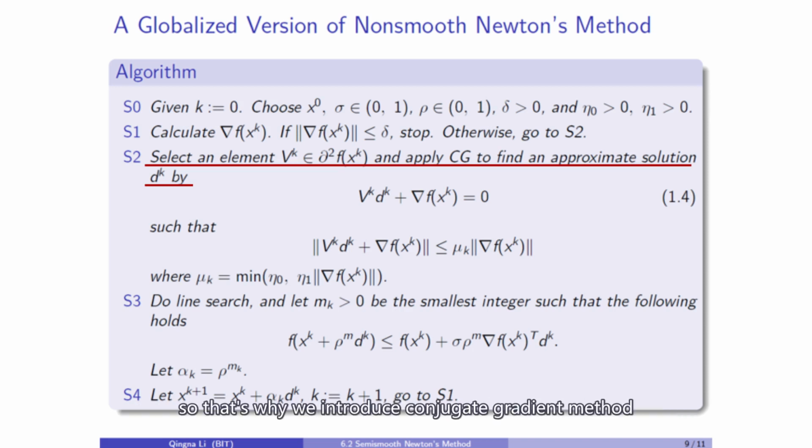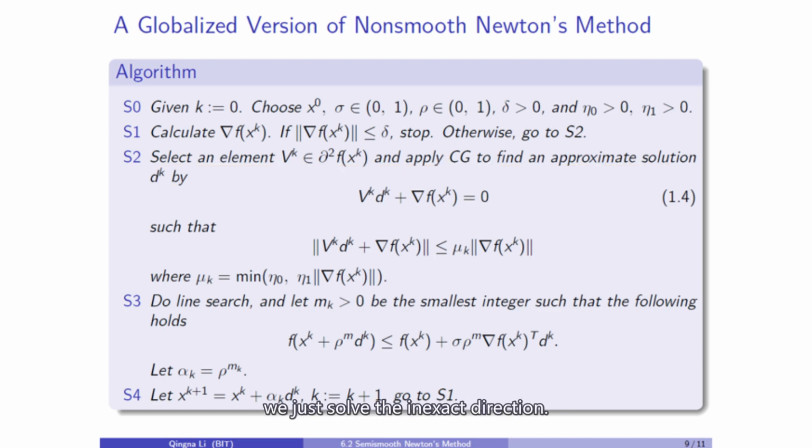That's why we introduced the conjugate gradient method in chapter 5. It is very important to apply CG to solve this linear system. In other words, we do not have to solve the inverse to get the exact Newton direction. We just solve the inexact direction.